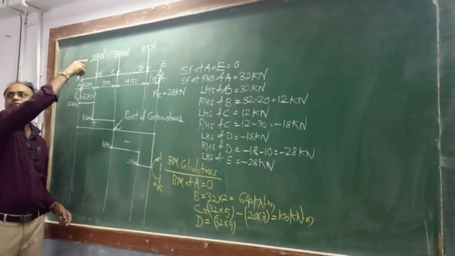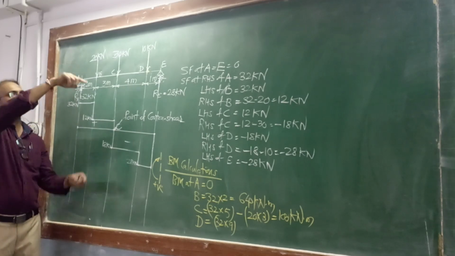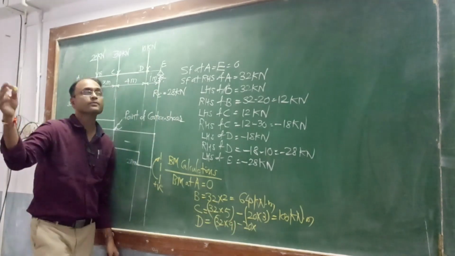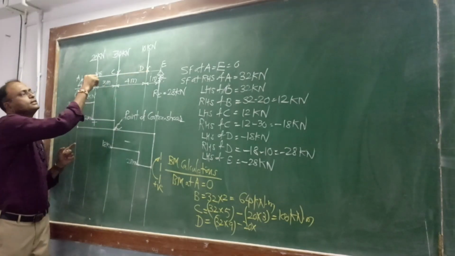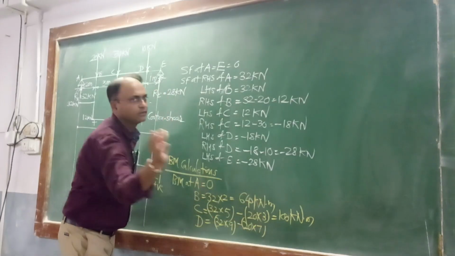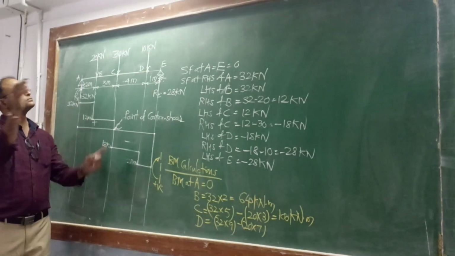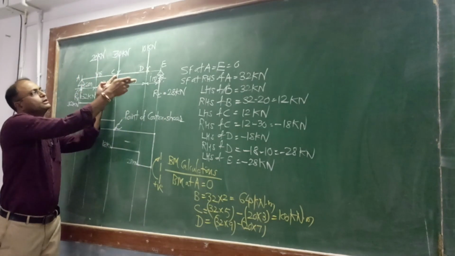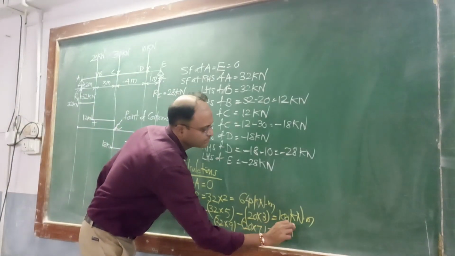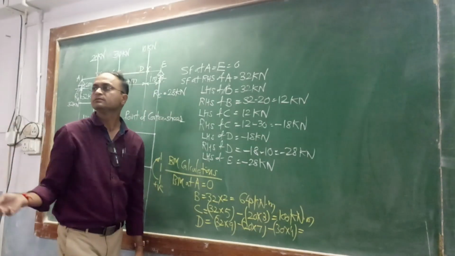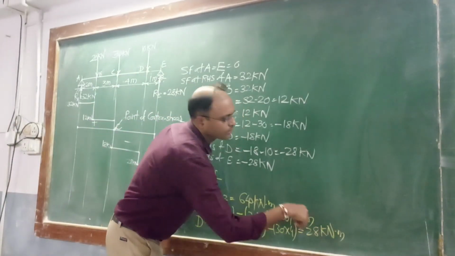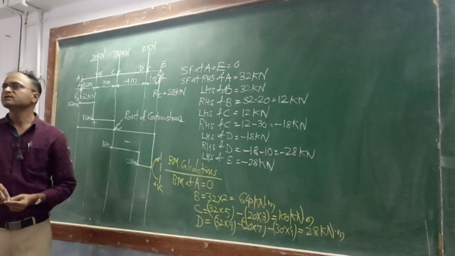What about this 20? It will produce anti-clockwise. So minus 20 into 7, between D and this force, 4 plus 3, that is 7. And this one force, minus 30 multiplied by 4. 28 kilonewton meter.